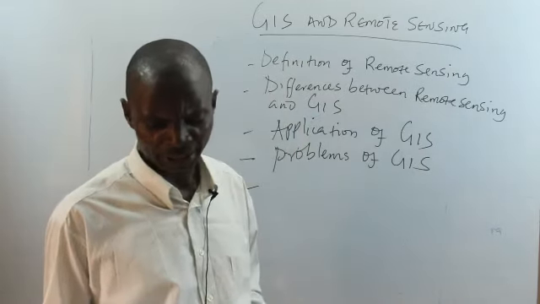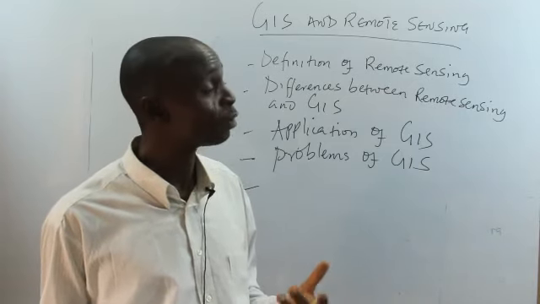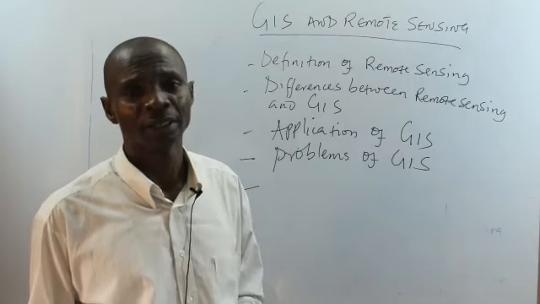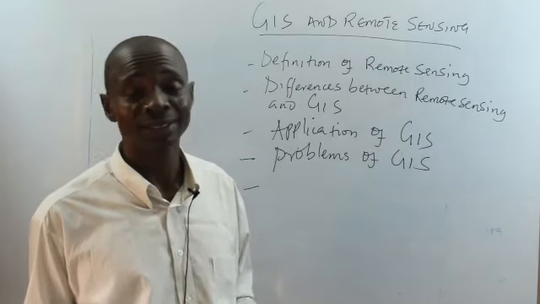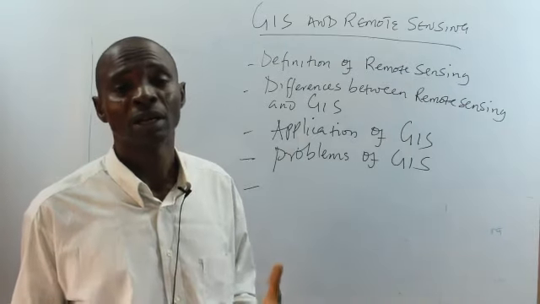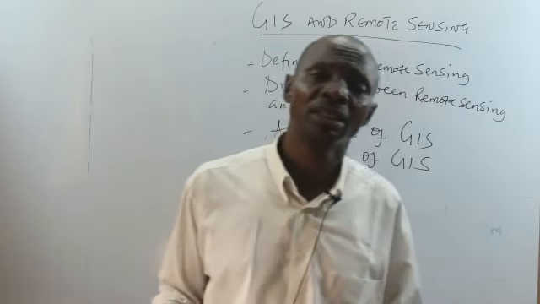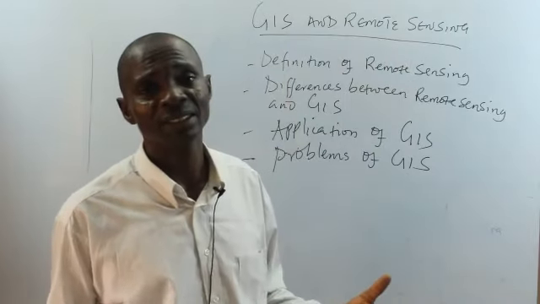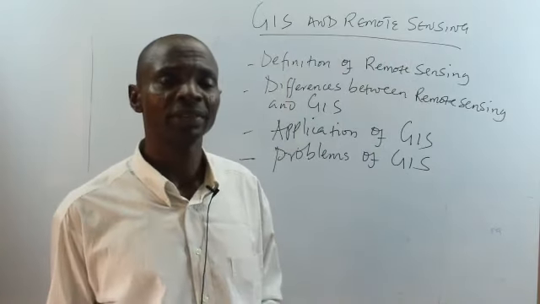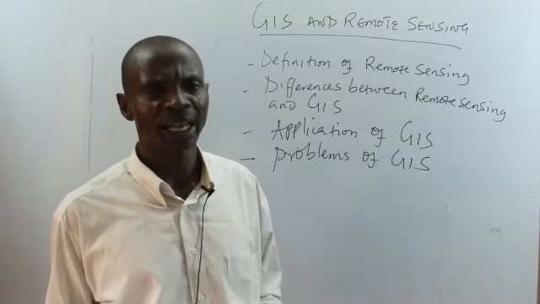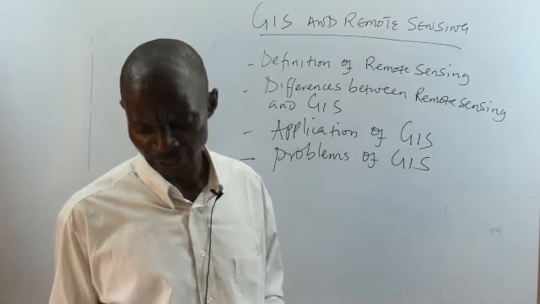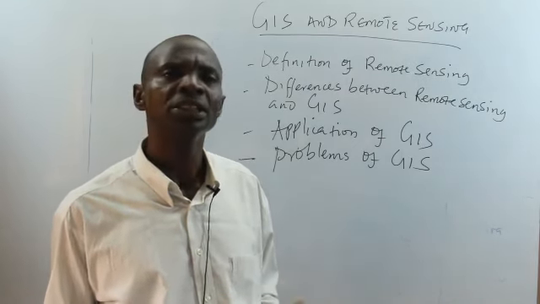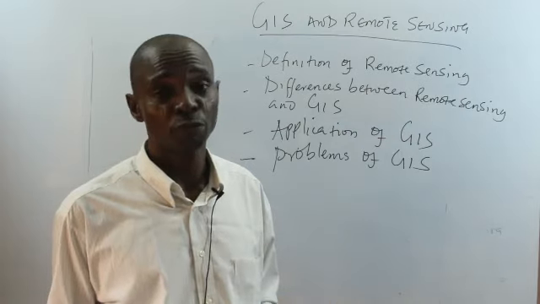Then GIS equipment also runs on electricity, and because of poor power supply in Nigeria today, even if you have this equipment, if there is no electricity, it cannot function effectively. And there is also the general problem of poor maintenance.